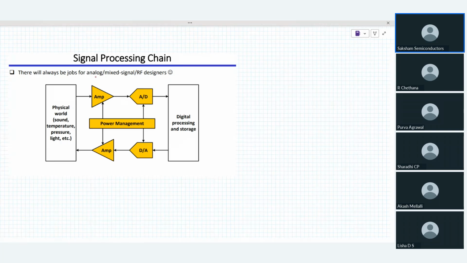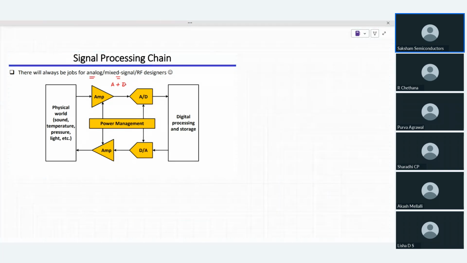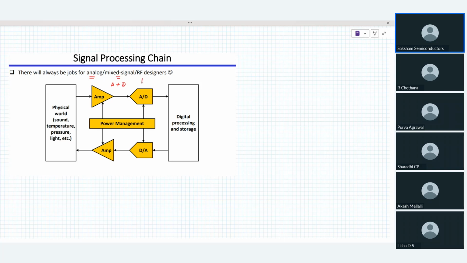What does that mean? Analog design is one where you use only analog components and analog signaling. Mixed signal design is one where you use both analog and digital designs. RF designers are those who still work on mixed signal circuits, that means analog and digital, but they are using radio frequency components, or working at a radio frequency spectrum.